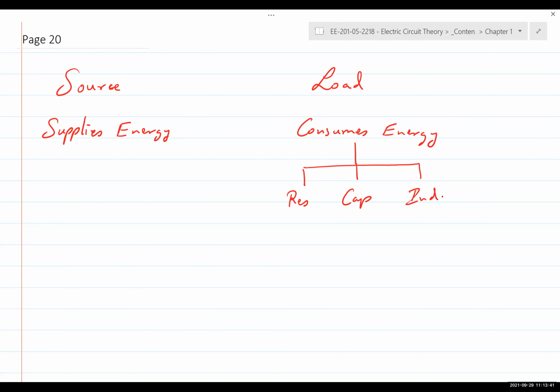So they store energy for just a short fraction of time, and they release it back into the circuit when needed. Now, that happens very, very quickly. Sometimes it happens in milliseconds, other times it happens in microseconds or nanoseconds. Like there's a discharge and then done, right?